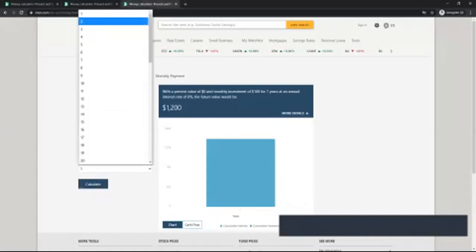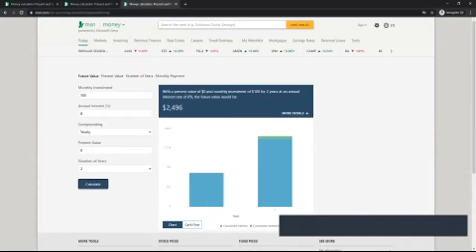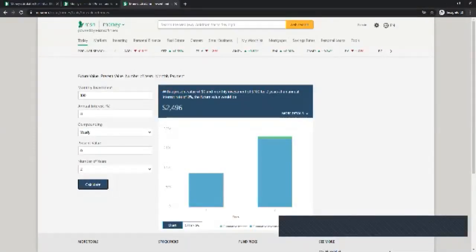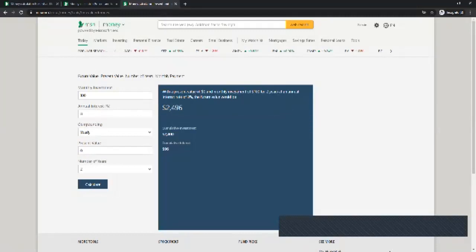Okay, after 2 years, let's see. You can see that it did bump up. You can click on here and you get more details. The investment was $2,400 because you put in $100 every month, and so your interest is now $96.